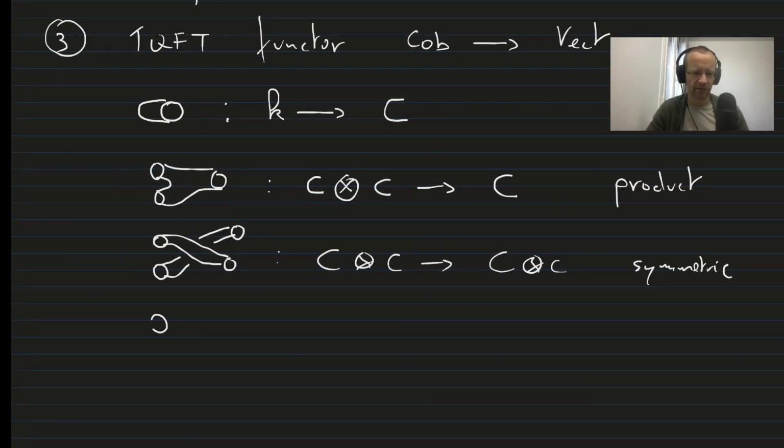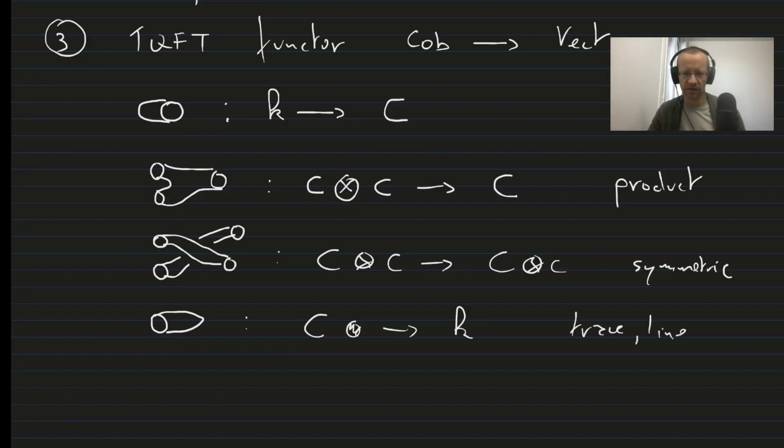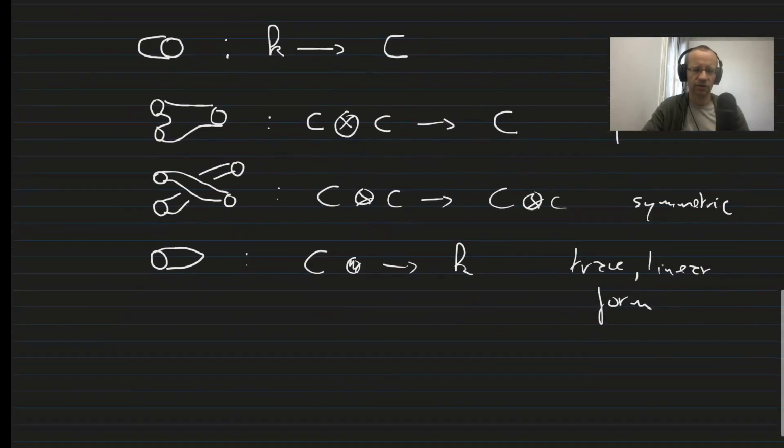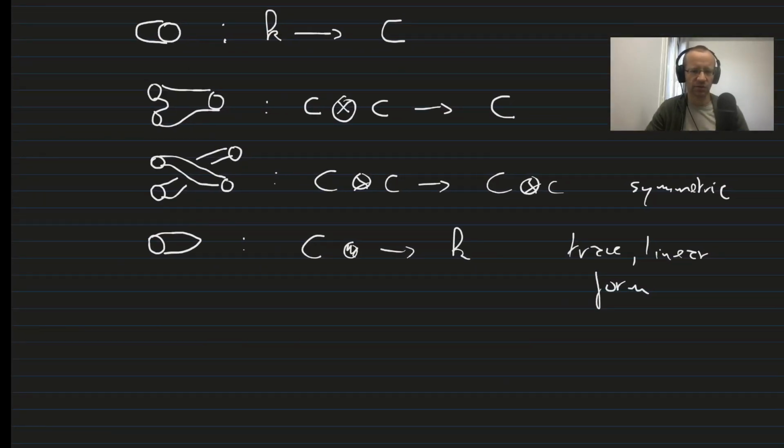Moreover, we have this drawing, which maps C into K. So this is kind of like a trace or a linear form because we asked that all these operations are linear. And I've used that disjoint union of circles corresponds to tensor product.